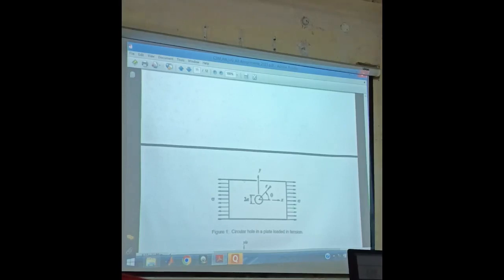But when we change the length and width of the plate, reducing from infinite to some finite size, there will be some effect of the height and width. As the load is applied in this direction, the cross-sectional area which resists the force will be reduced.